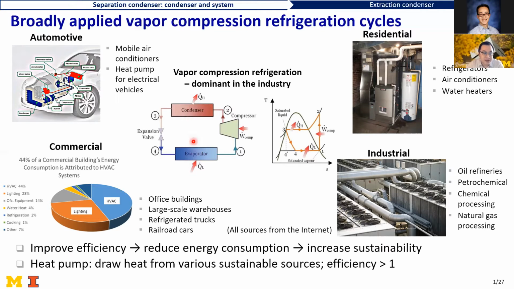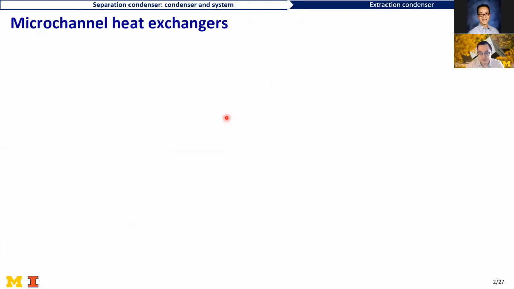And the heat pump has the advantage of being able to draw heat from variable sustainable sources, and its energy efficiency is higher than 1. Its energy efficiency is defined as the heat transfer rate of the condenser divided by the compressor work. It is higher than 1, so that is why it is better than the traditional Joule heaters.